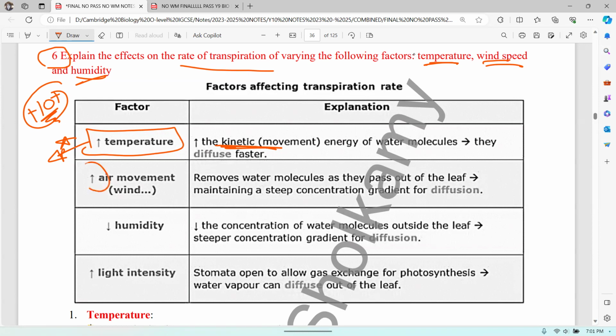Now, when it is very windy, will more water vapor evaporate or less? More transpiration or less transpiration? More. Why? Because you have a great concentration gradient. Now let me explain this part. Look here.